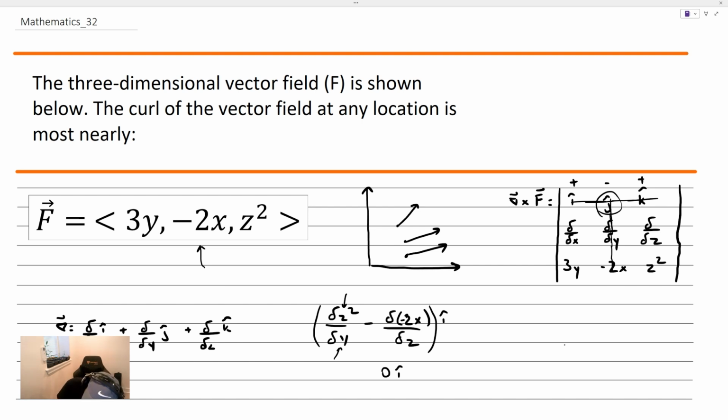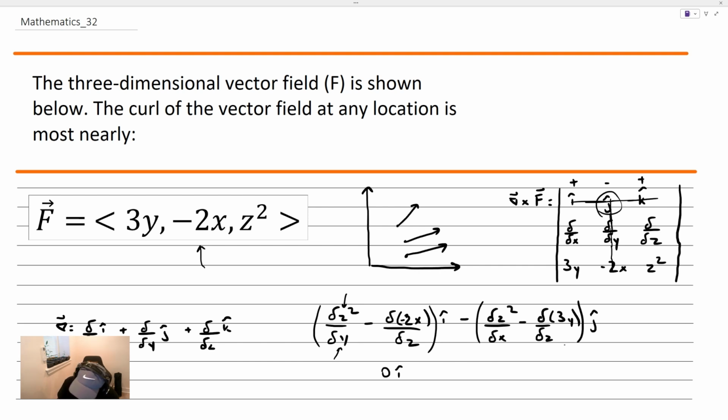That j component will have a negative sign because it is the first row, second column element. And we have a smaller determinant to compute. This one is the partial with respect to x of the function z squared minus the partial with respect to z of the function 3y. And this entire thing points in the j.